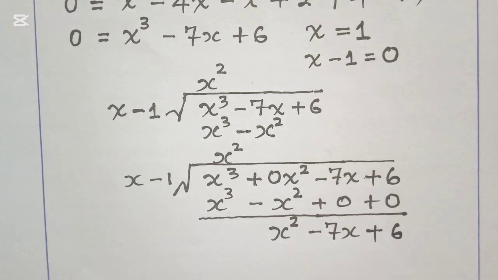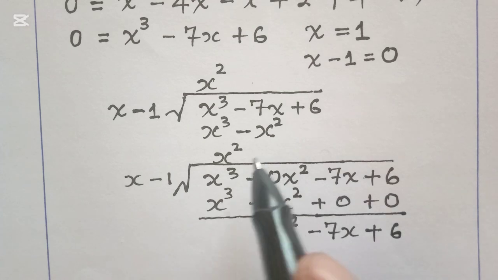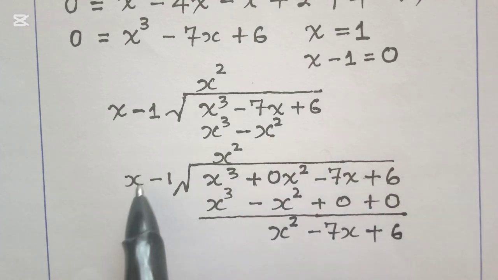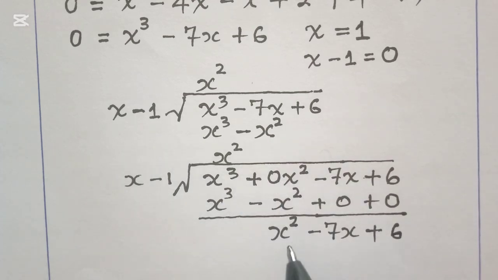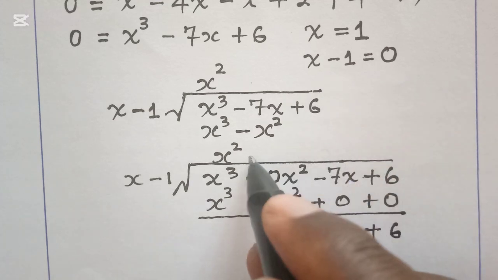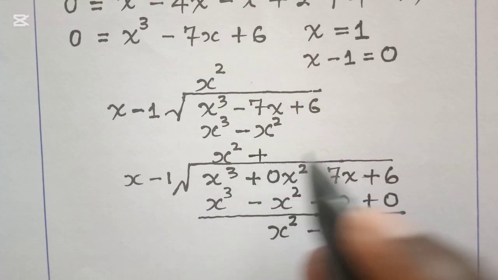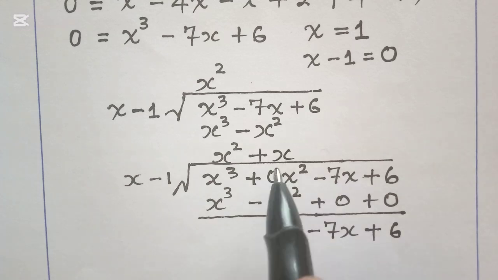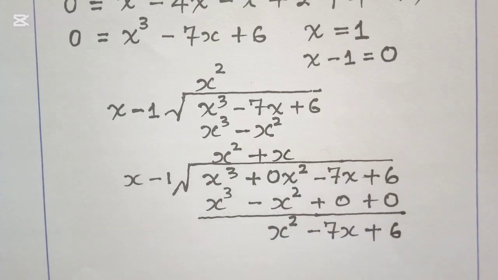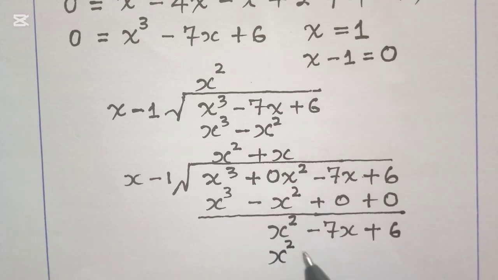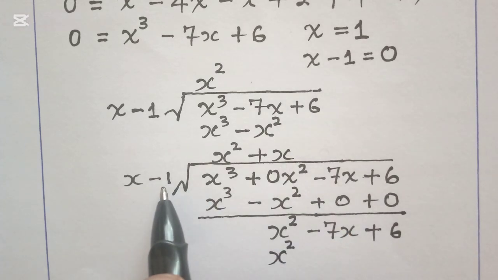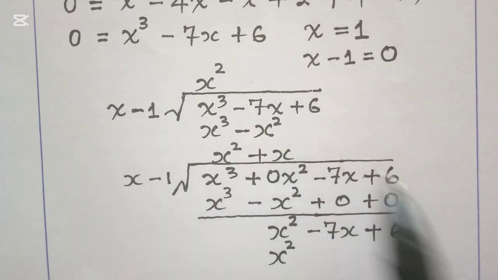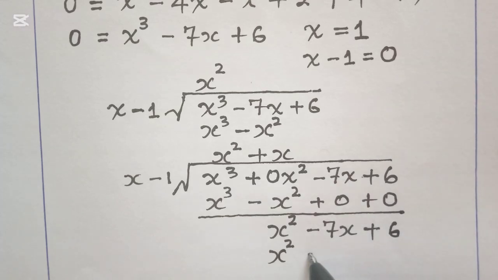Guys, we now go ahead and look for another number here. If I multiply this one, I get x squared. So that number is now going to be plus x, because if I multiply now by x, I will get x squared. And then here I'm going to get x alone, and that is minus x.